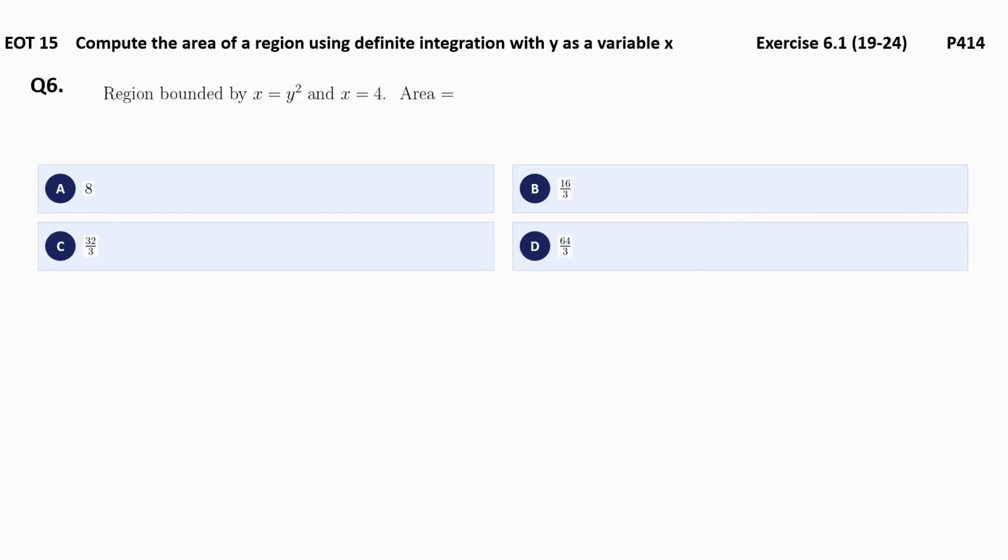Same idea we follow in question number 6 as well. When you equate y square is equal to 4, you get two values for y, that is plus or minus 2. Integral -2 to 2, 4 minus y square.